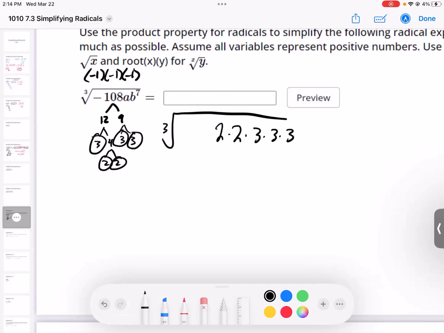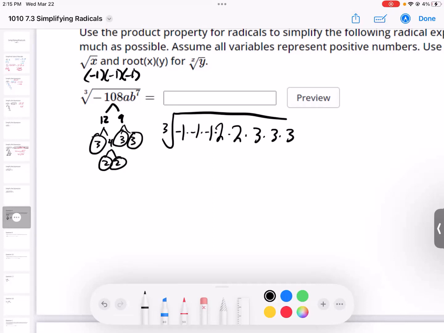And then for the negative sign, I could just think about it as a single negative 1. But since I'm trying to do a cube root, I could also think about it as negative 1 times negative 1 times negative 1. Because if you do negative 1 times itself 3 times, that will just equal a negative. I'm going to think of my negative as being a -1 times itself 3 times.